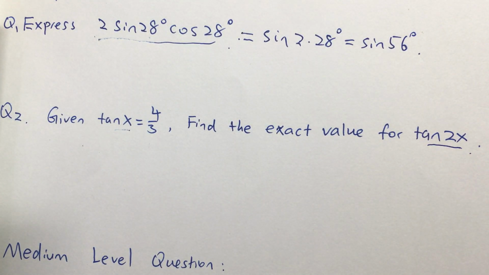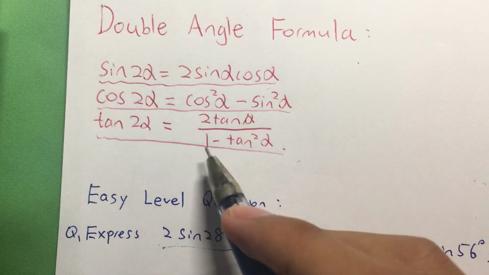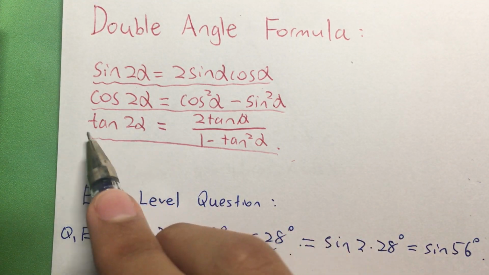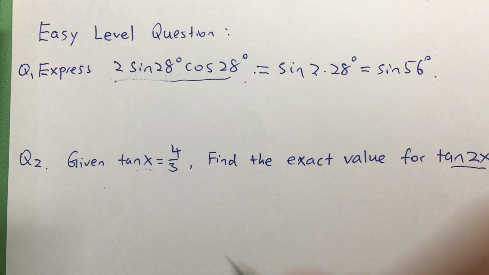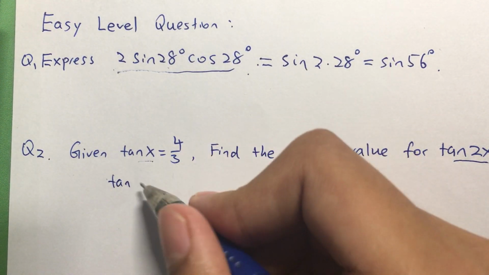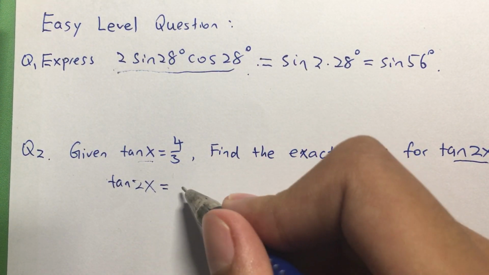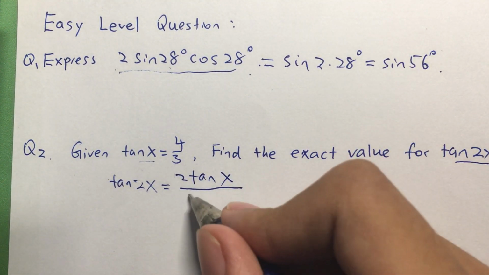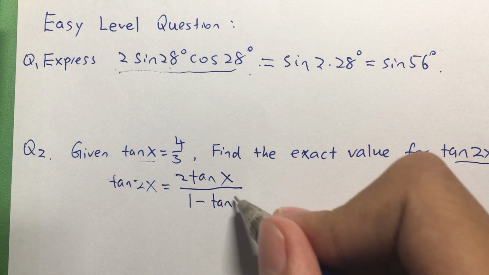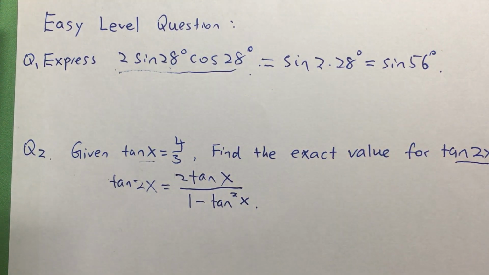So how do we do that? We can use our double angle formulas again, the tangent one. Tangent 2x is equal to 2 tangent x over 1 minus tangent squared x.